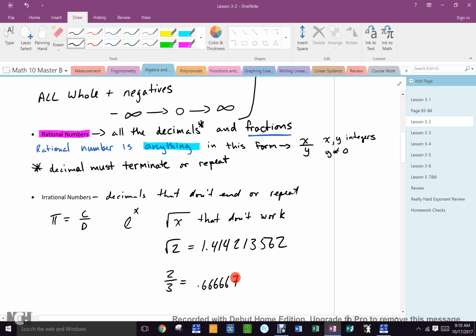Now, does that look like repeating? The 6s repeat, but then there's a 7. So if you don't know what your calculator's doing, based on this definition, you could say 2/3 is an irrational number, couldn't you? Even though it obviously isn't. Is everybody cool with that?